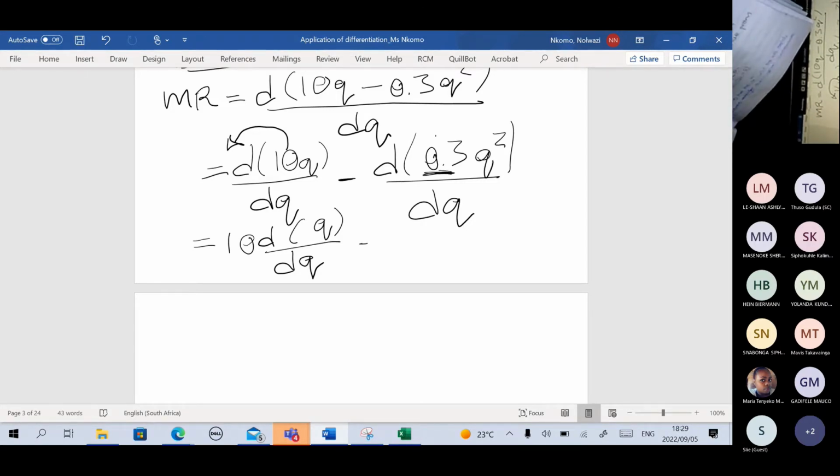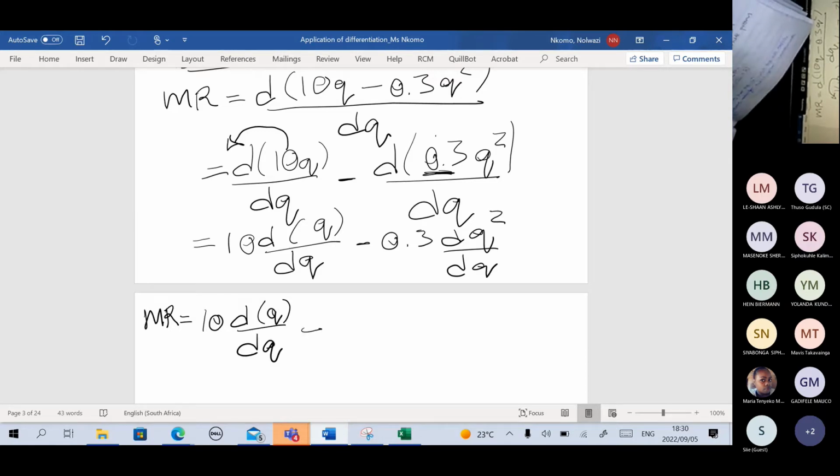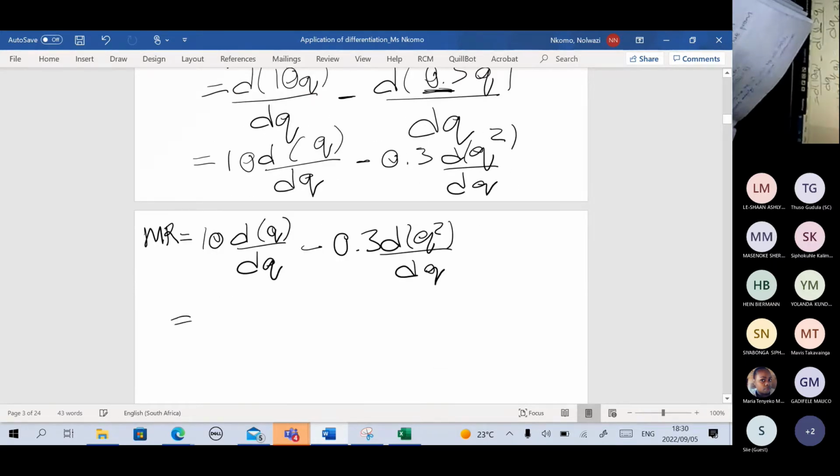So we have minus 0.3, the derivative of Q squared with respect to Q. So now we have marginal revenue equal to 10 times the derivative of Q with respect to Q, minus 0.3 times the derivative of Q squared with respect to Q.